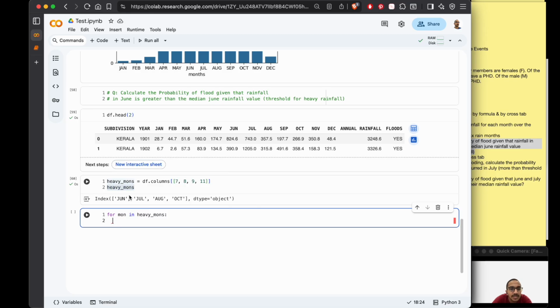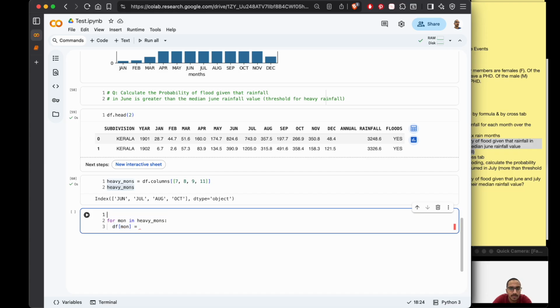So these are the column names, right? Anyway, so df, I'll add the month name, which is the column name. Okay, wait. Yeah, let's create a map. Thresholds.